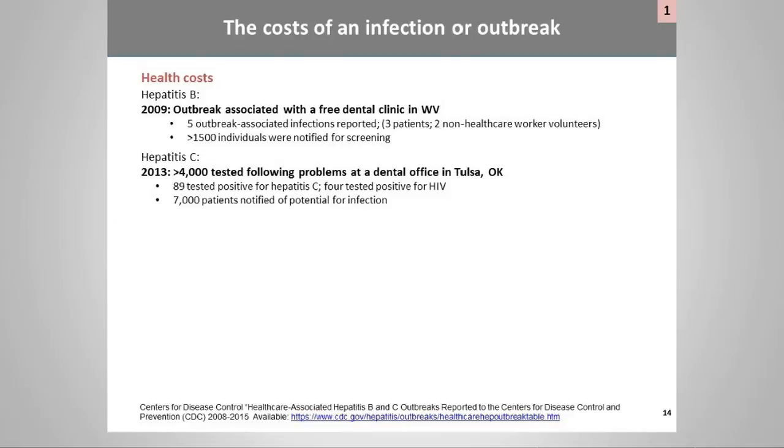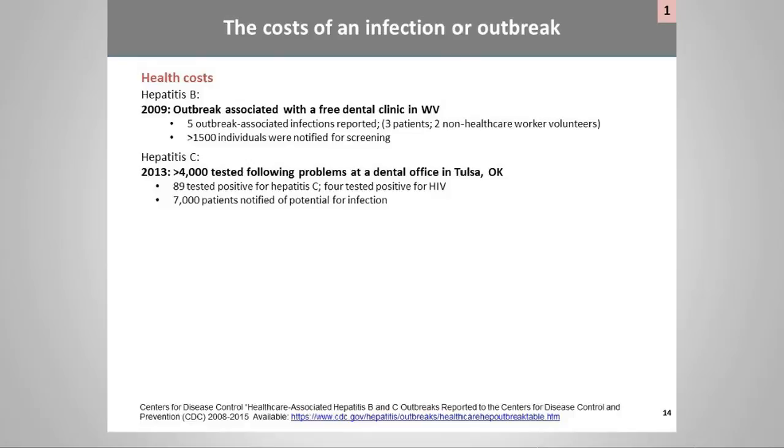The cost of an infection in your office can be extremely high. There were 5 outbreak-associated infections in 2009 in a dental clinic that was well documented. 1,500 individuals were notified and had to be screened.